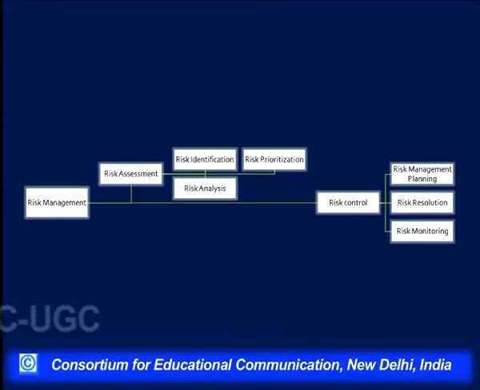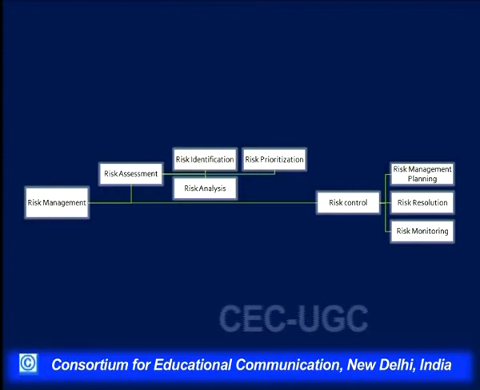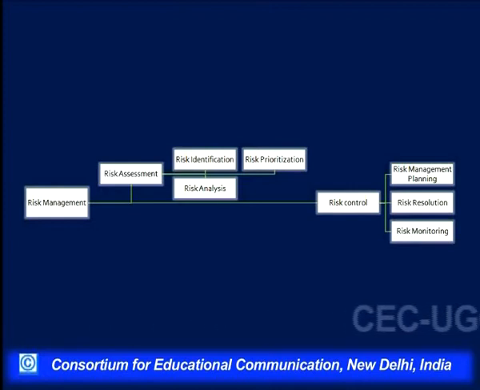Risks which have a high priority and can cause more damage must have a mitigation plan, while those which are low priority can be postponed. Then we have risk analysis, in which we see how much damage will be caused. It is like a cost analysis of the threat and the effect that the risk is going to cause to the system.